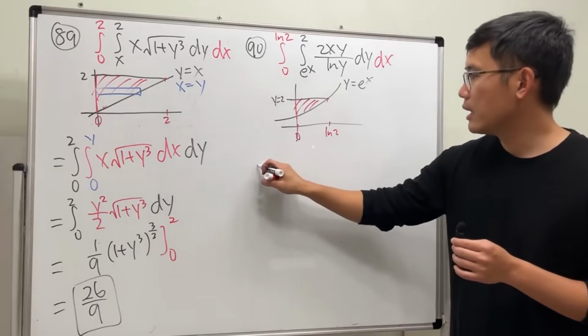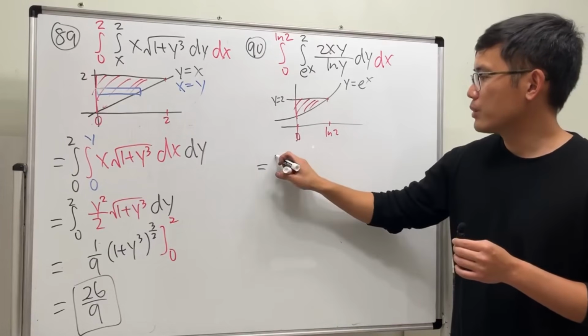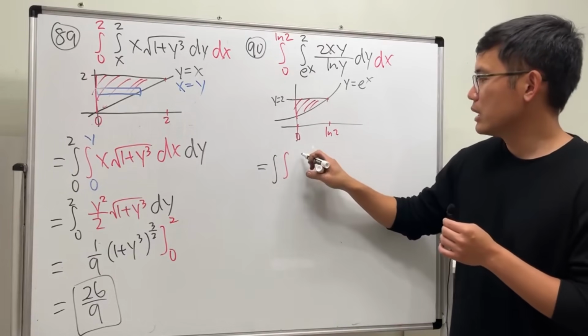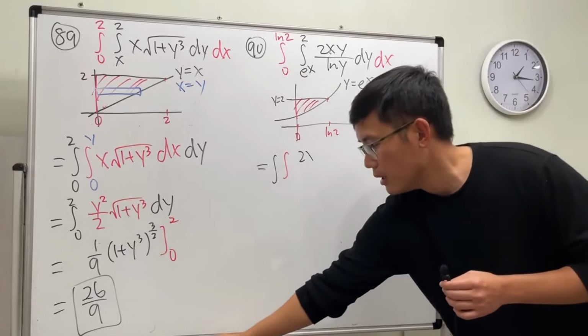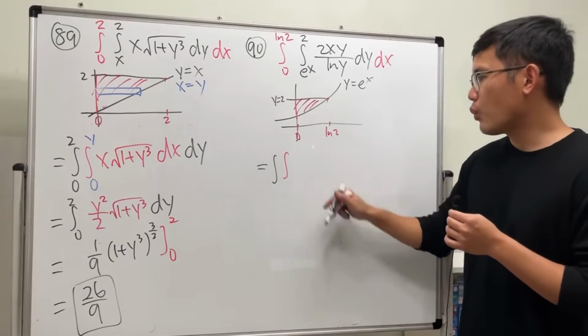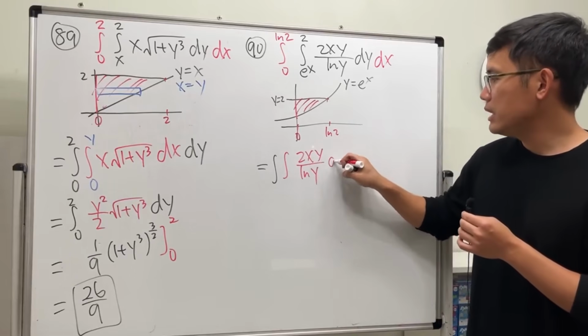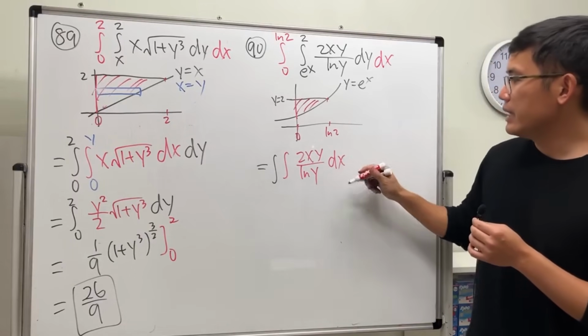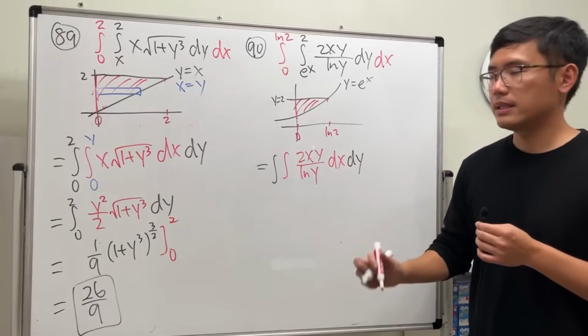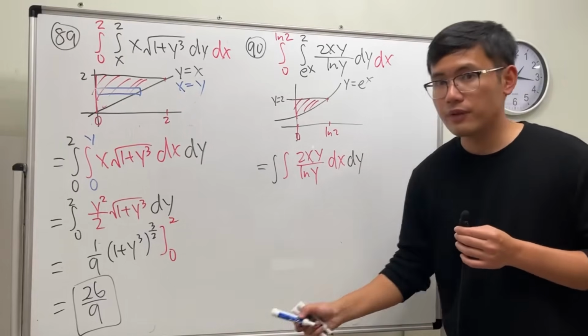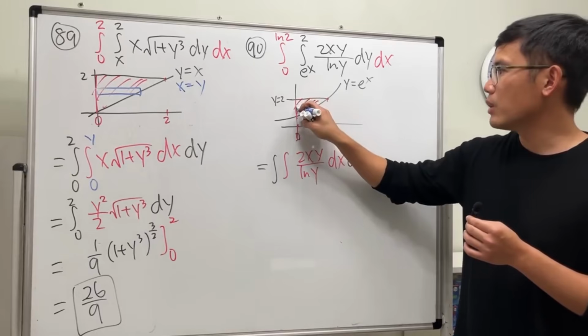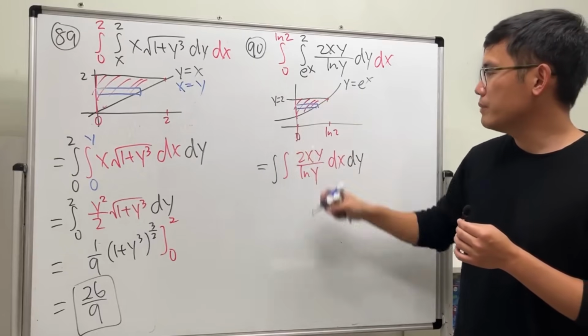Okay. Integral of 2xy over ln y, dx going first, and then dy next. In that case, look from left to right first. Draw a horizontal rectangle.